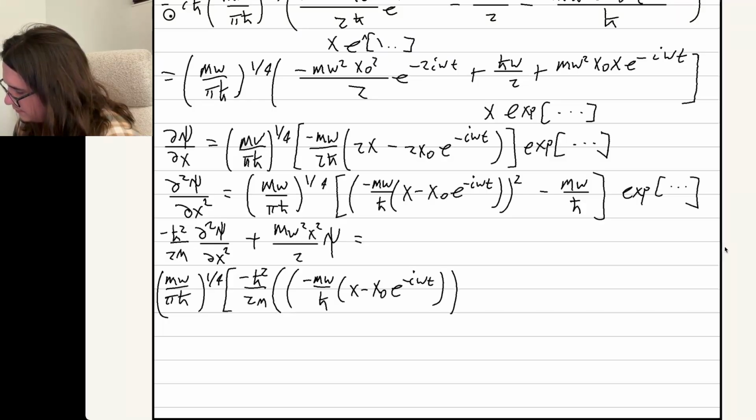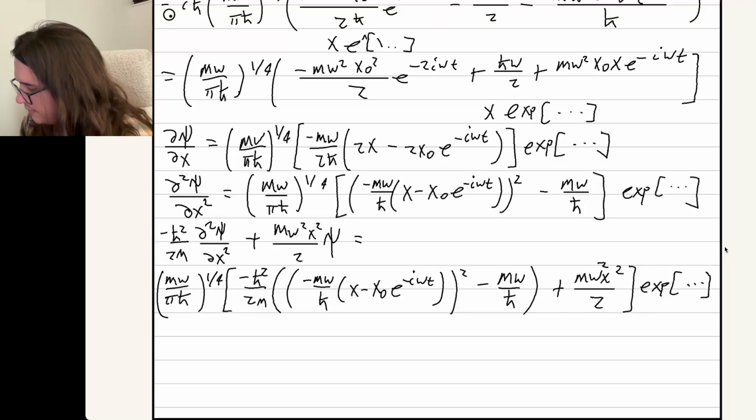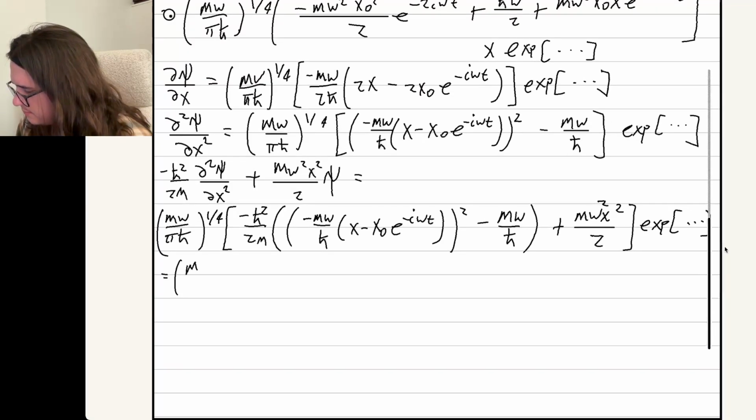I know I'm getting crazy with the parentheses, but just believe me. And then also m omega squared x squared times the wave function. So I'm just going to write this as plus m omega squared x squared over 2 times all of that times this junk. Right. We can simplify this by quite a lot.